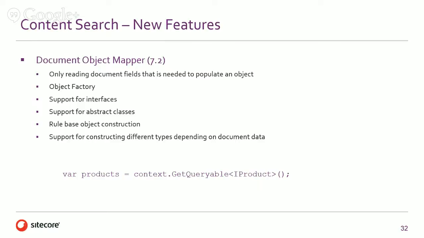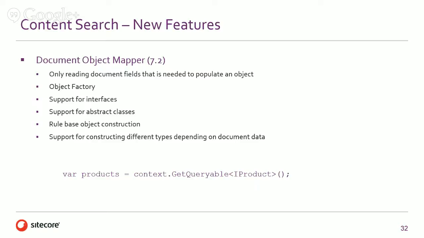We've changed and optimized the way we are reading the fields of documents and which fields we request out of the index, to only those fields that we actually need to populate an object. We've optimized this code to work better than before.